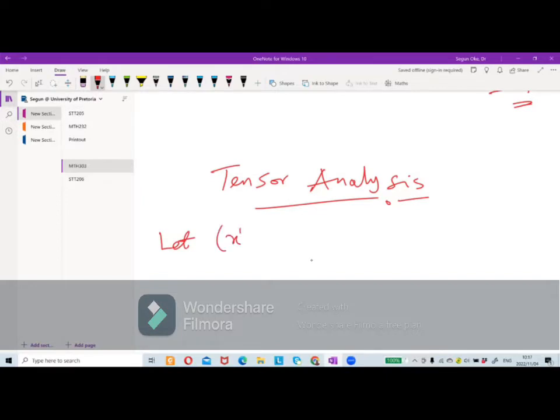Let's say x1, x2, to xn, and x bar 1, x bar 2 is a notation. They can use anything to denote it in tensor, raised to power n.